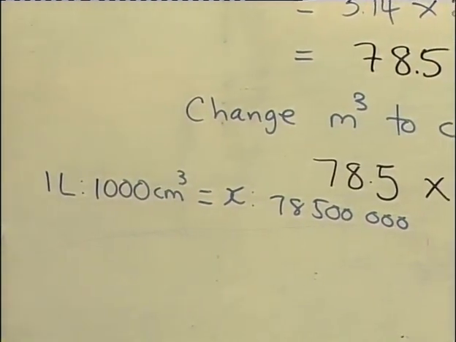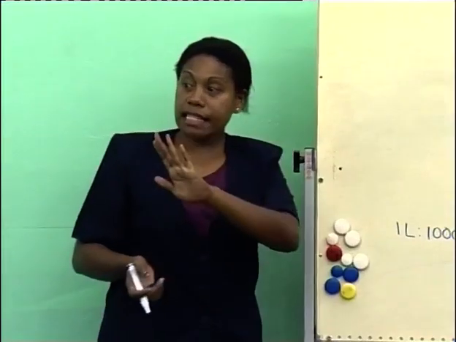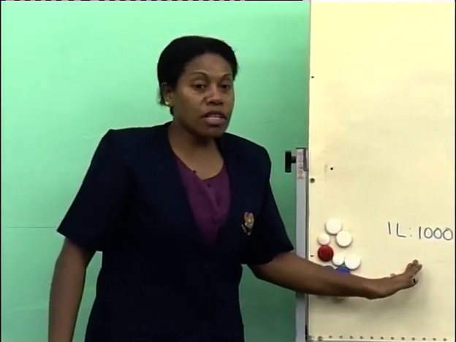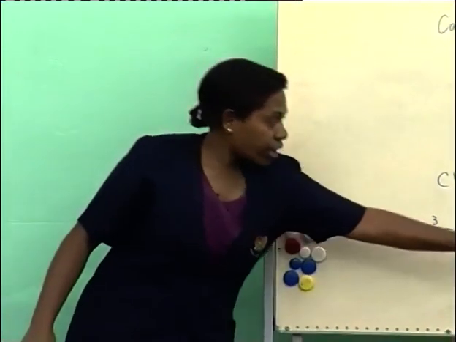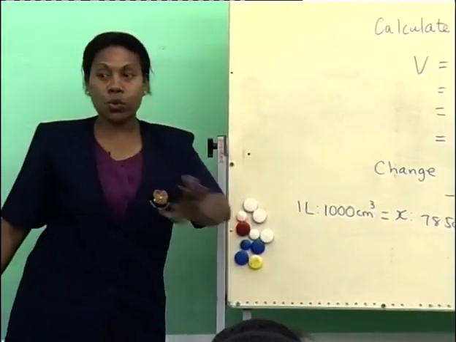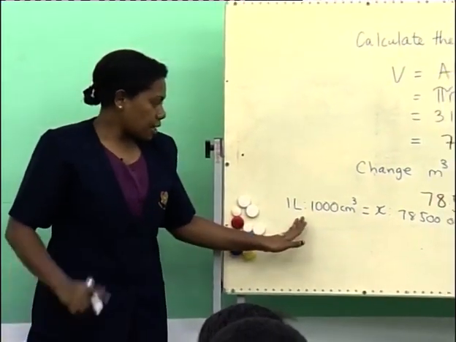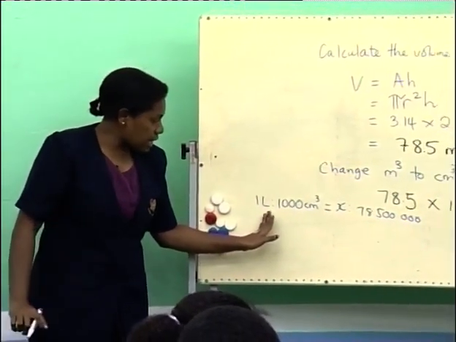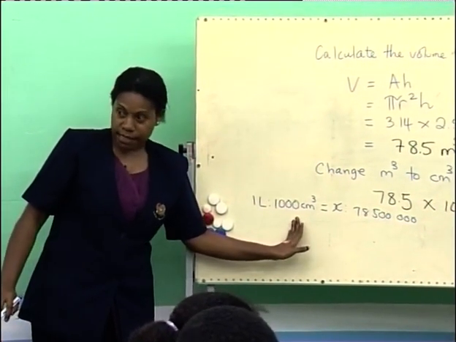Class, now the next step, I'm going to use the ratio method to convert cubic centimeters into liters. We already know that 1 liter is equal to 1,000 cubic centimeters.